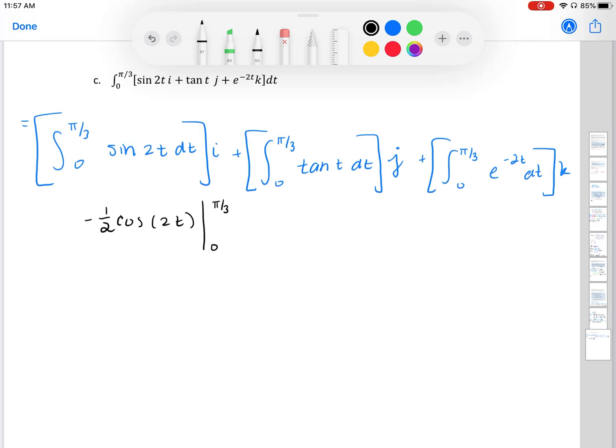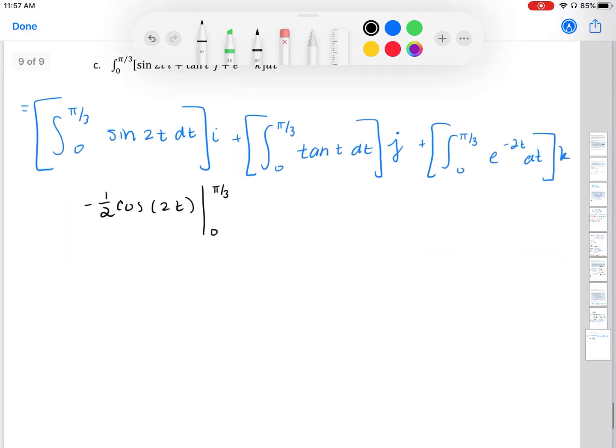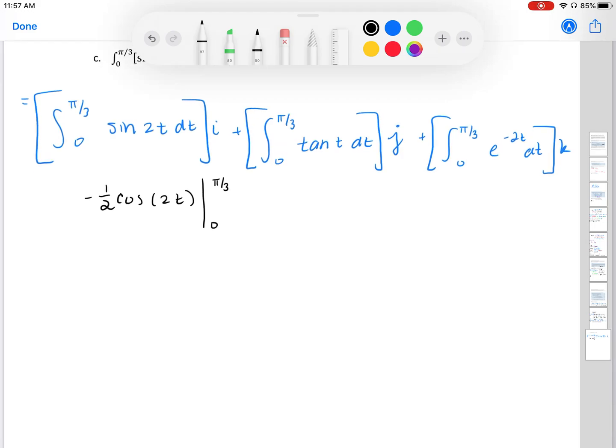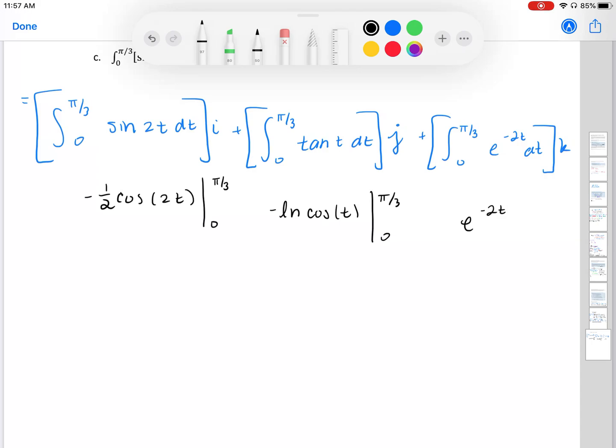And then the antiderivative of tangent is negative ln cosine of t, from 0 to pi over 3. And then the antiderivative of e to the negative 2t, we take into account our exponent, which gives us negative 1/2, from 0 to pi over 3.